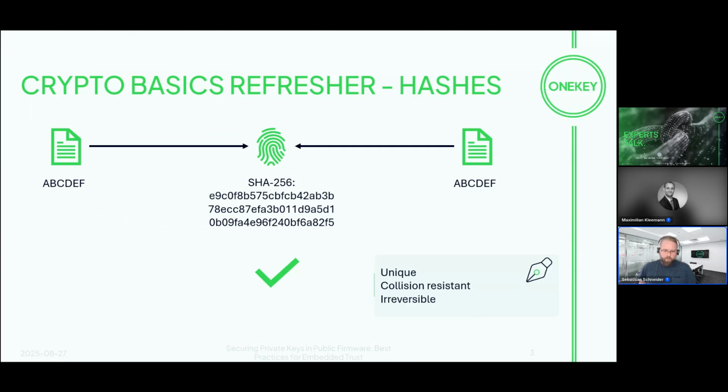Some requirements for hash functions are that they are unique, that they are collision resistant, which is basically the same. So no two files are allowed to calculate the same hash. And they must be one-way functions. So it is not possible to recalculate or recompute the original content of a file just by observing a hash value.